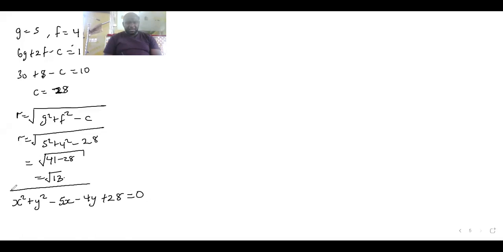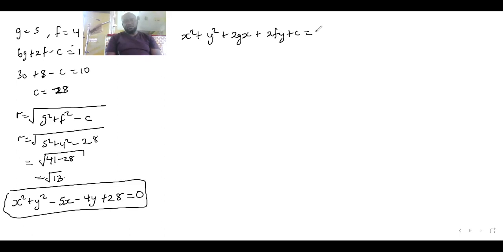Now the beauty with this, according to the book which I have here, they had a general equation of the circle in this form, that also x squared plus y squared plus 2gx plus 2fy plus c is equal to 0 is a true equation. But in this case, the center of this equation is a negative 2g.